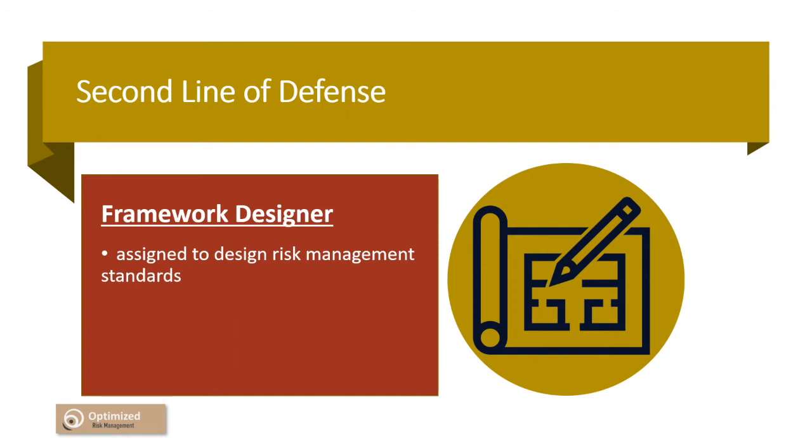Additionally, they help document those standards in your risk management framework, which is your playbook for how risk should be managed in your organization. They also create risk reporting that objectively measures your business's risk profile. For this reason, the group or persons assigned to design your risk management standards should be independent from the person who actually manages the risk.